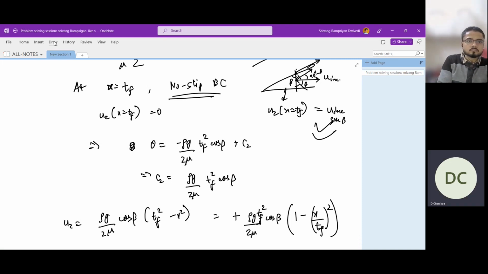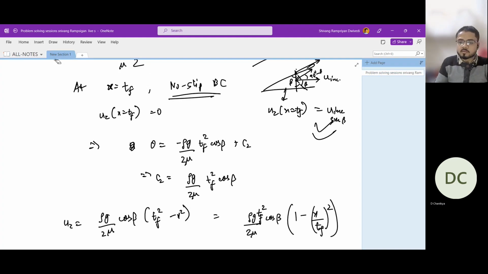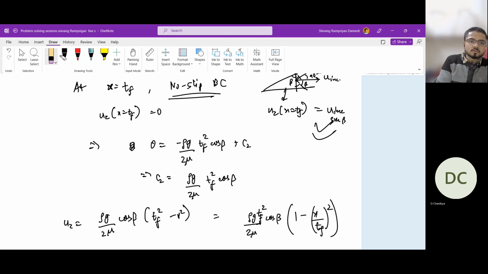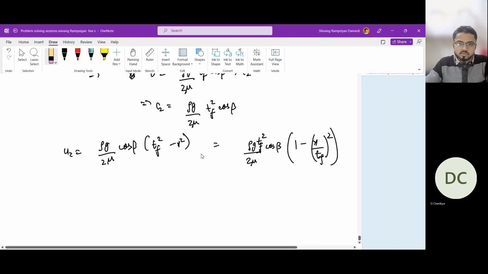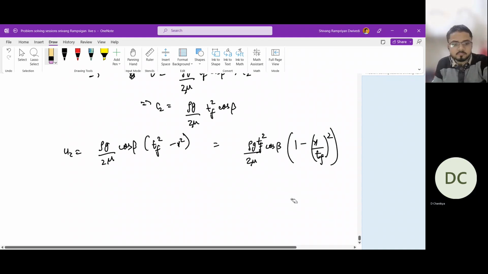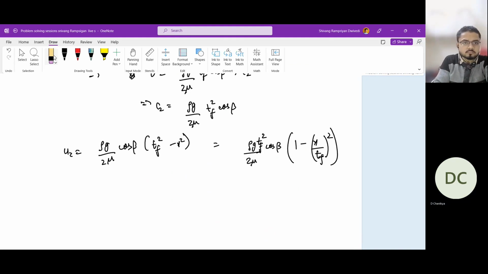Good. You understood this entire problem, right? So these were really long problems, so this took a long time to solve. And after this, can you find uz max?